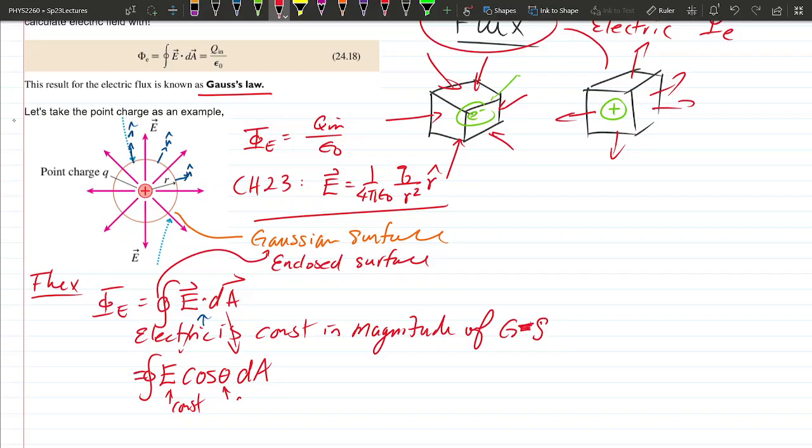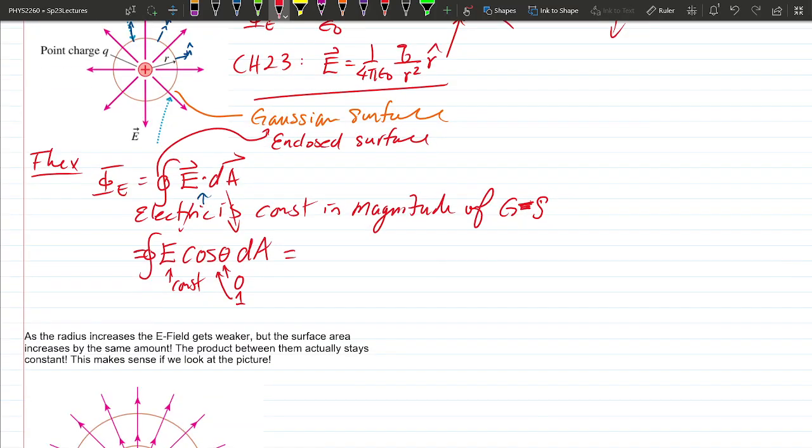We also know that theta is always 0, therefore cosine of 0 is always 1. So if there's something you're integrating that's just a constant, you can pull it outside the integral. And cosine of 0 is just 1, so I don't even need to write that.